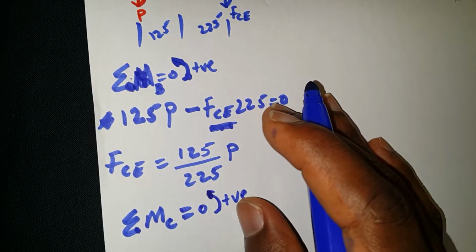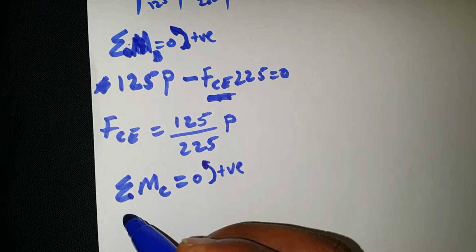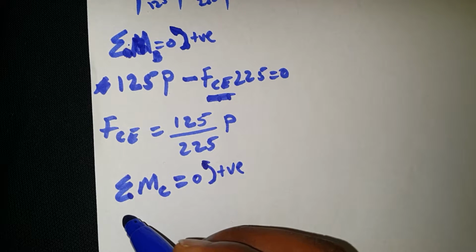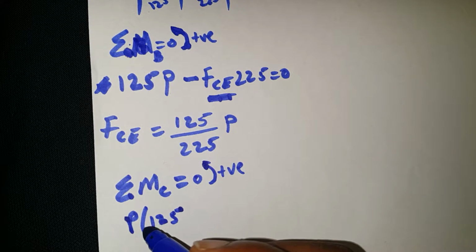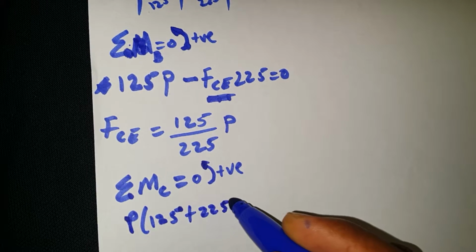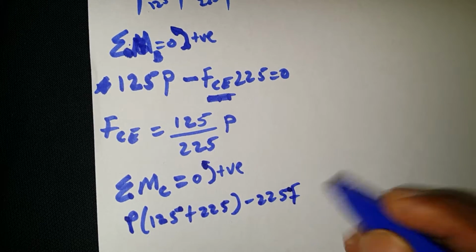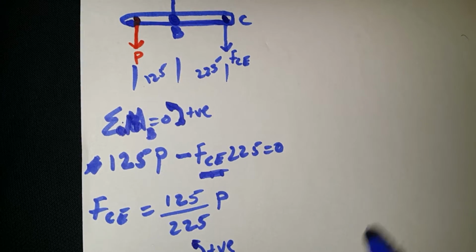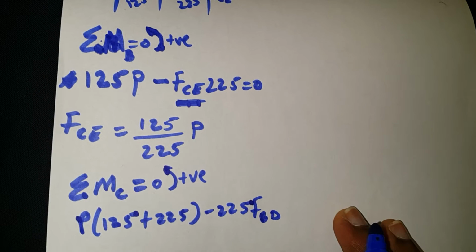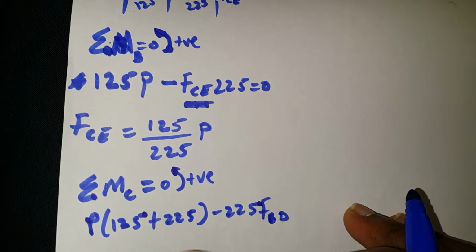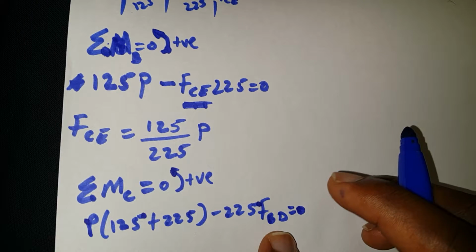Okay, so the force, which is from here, the force should be P times 125 plus 225 minus 225 FBD. Okay, now let me make this equals to 0. Let me make it the subject.